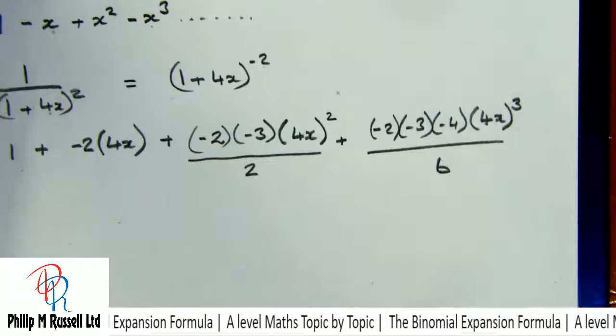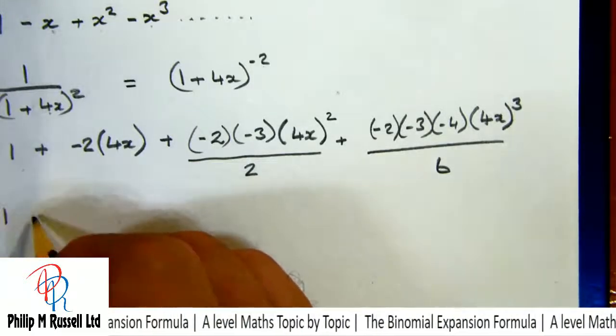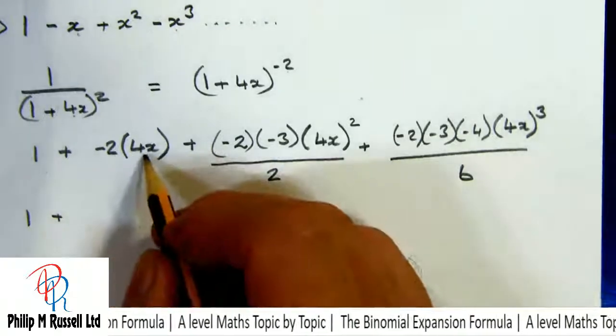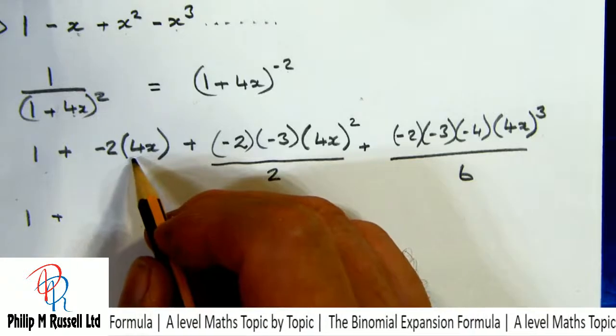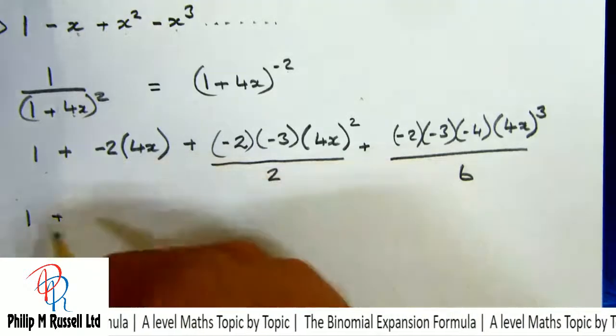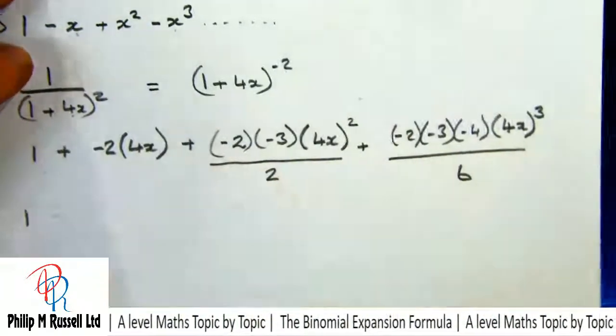Let's see what we can do to work these out. This is going to be 1 plus minus 2 times minus 4 is going to give us minus 8x. I got a bit enthusiastic putting my plus down there.